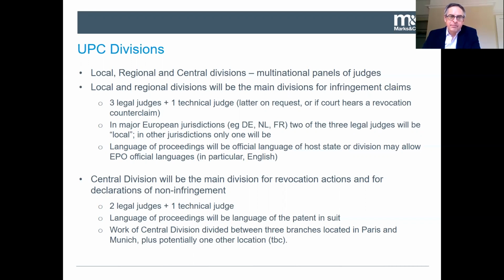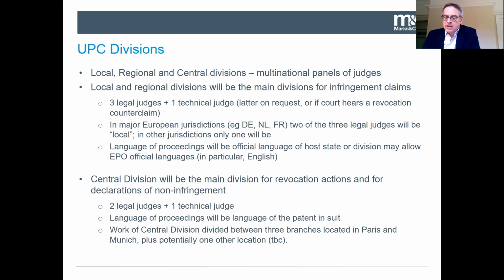The language of the proceedings is something that can be determined by the country hosting the local or regional division. That can be a language of the host state, or the host state is also able to approve the use of the official languages of the EPO, so English, French, or German.